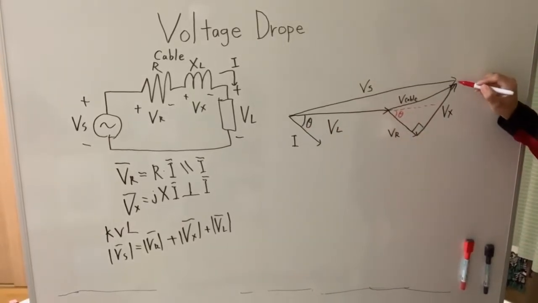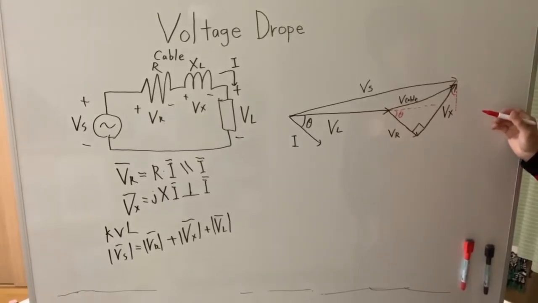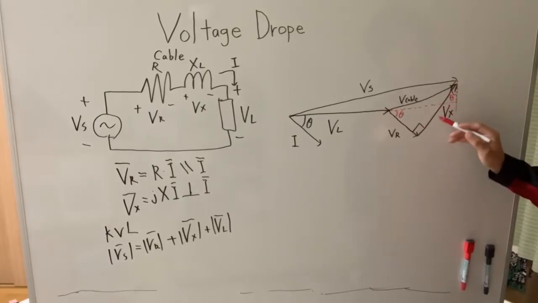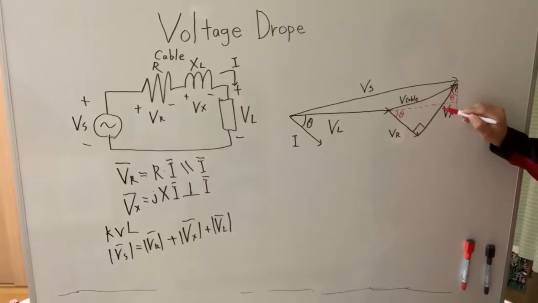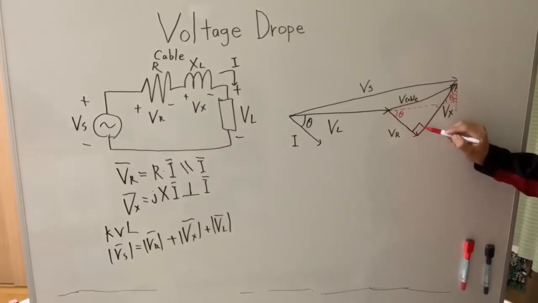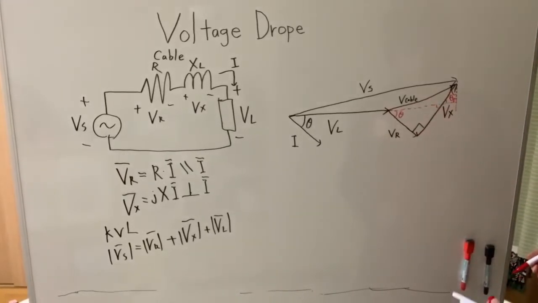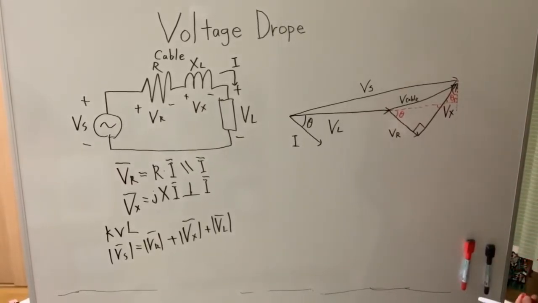And how about this angle? That is also theta. So think about these two triangles here. This is the same angle, and this is 90 degrees, so this is also theta. Drawing this line helps us understand more easily.